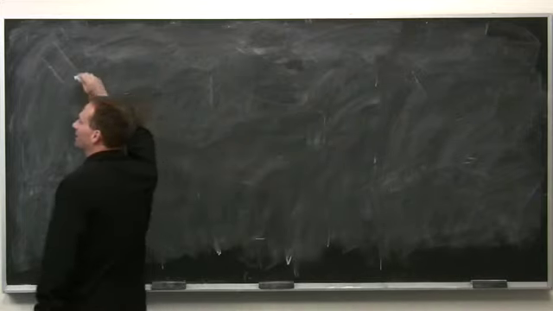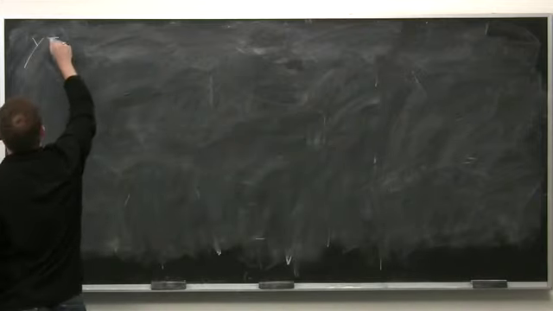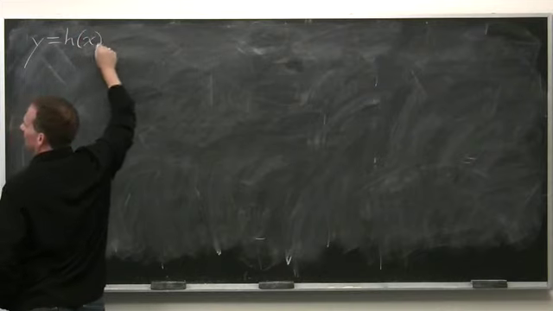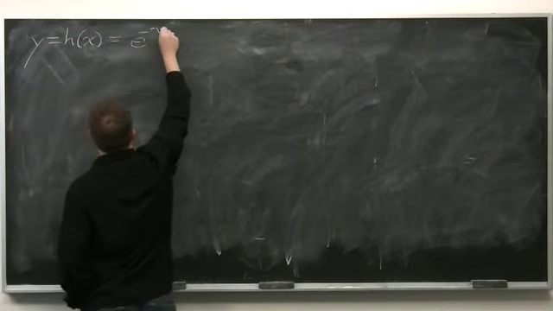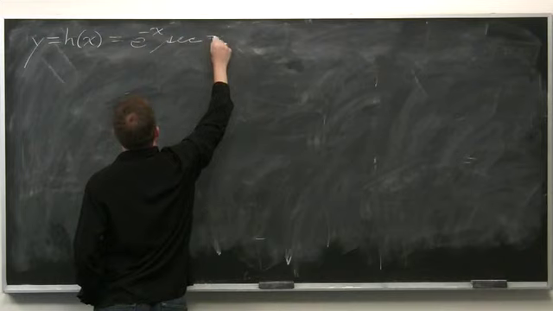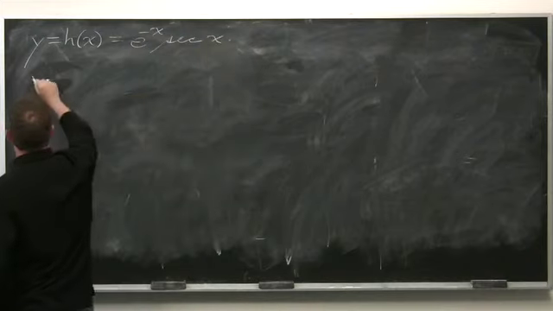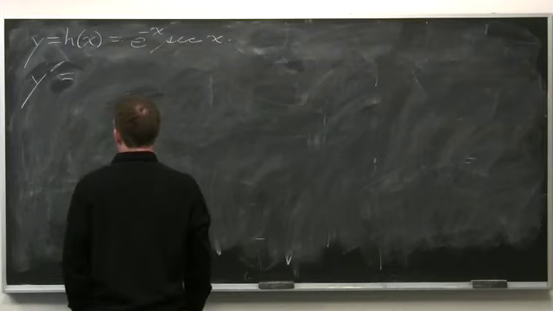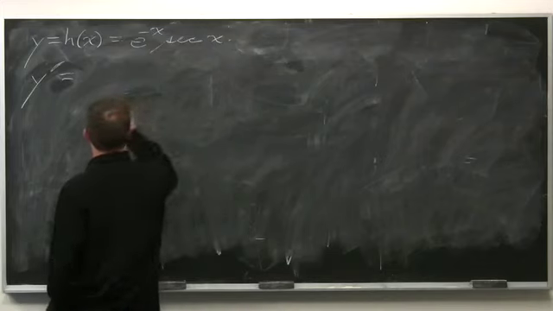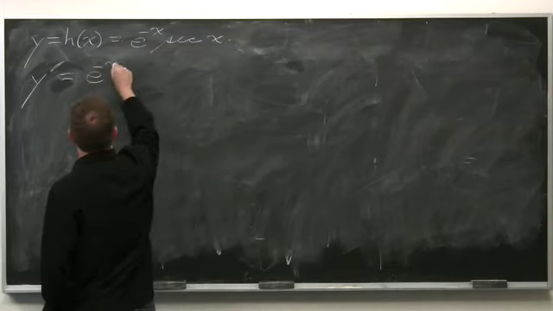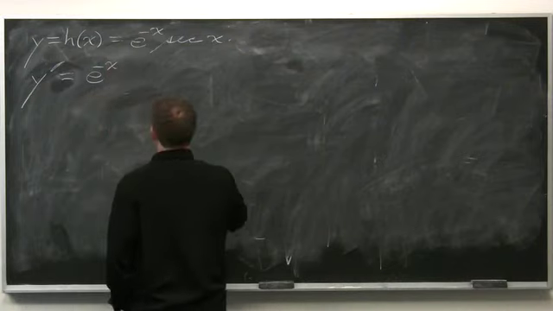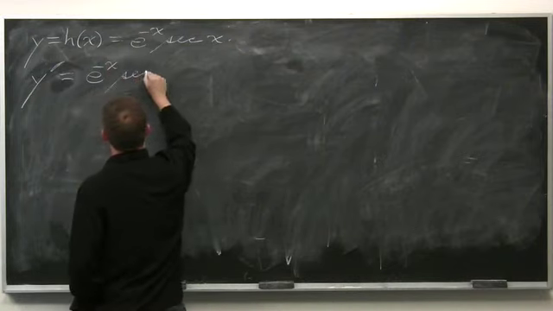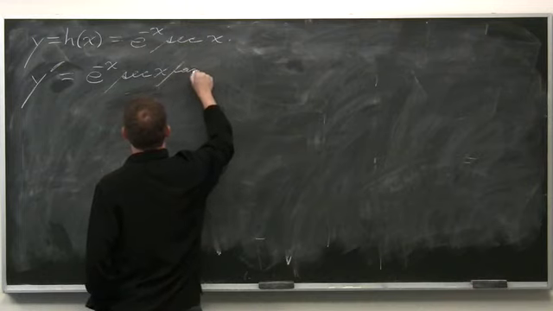So we've got y equals h of x equals e to the minus x times secant x. And we want to look at where that function is increasing, where it's decreasing. Let's look at y prime. It is the first thing times the derivative of the second. The derivative of secant is secant x tan x.